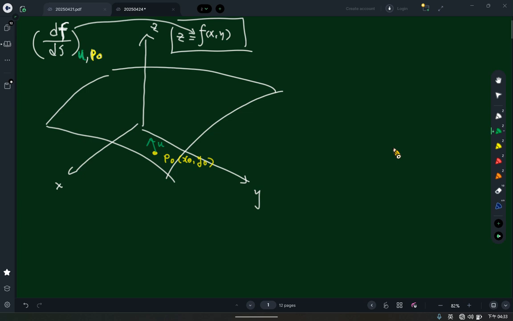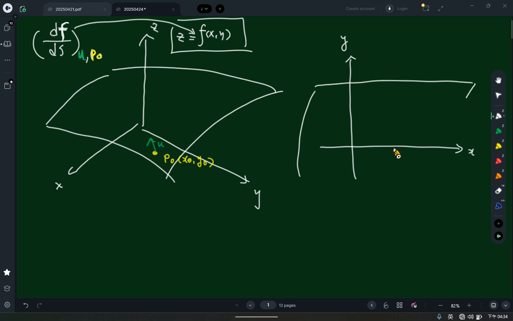Compared to that, I also focus on the xy plane. This is x, this is y, right? So when I give you z equal to f of x, y, then maybe the surface is just here, right? This is z equal to f of x, y, but z is here.